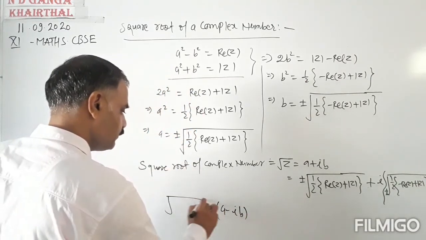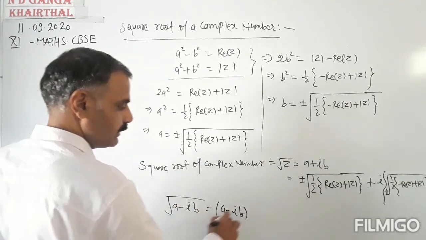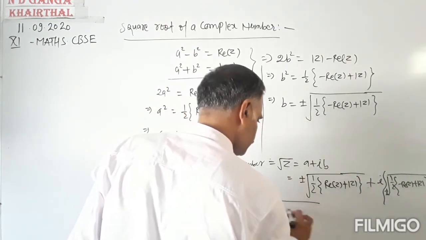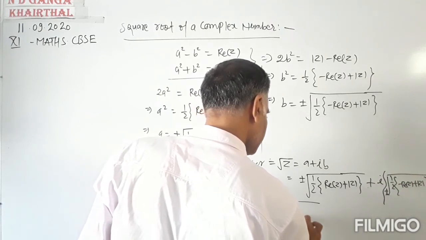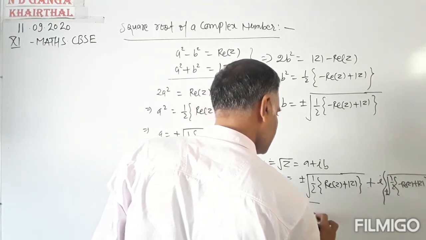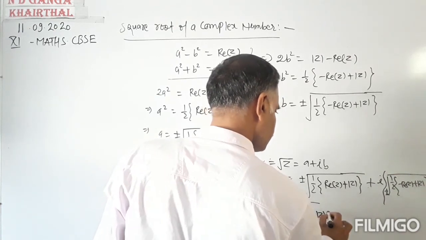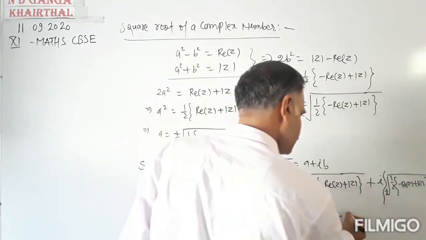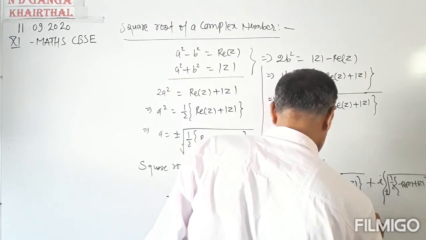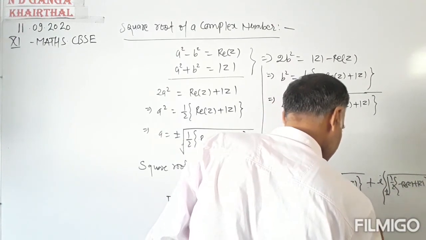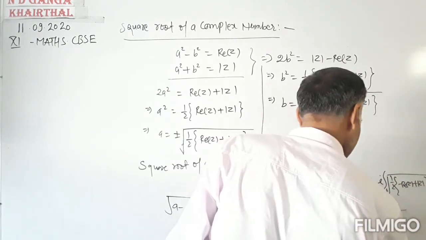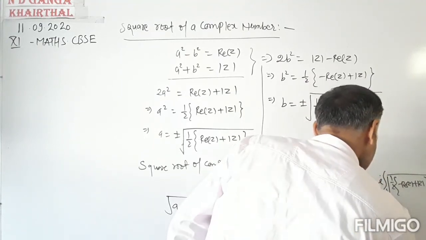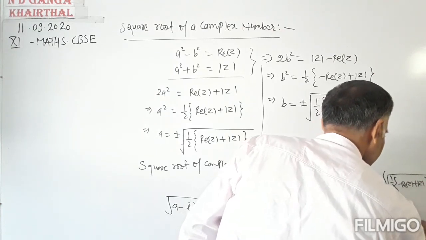If we are finding the square root of a minus iota b, then this equals plus minus square root of half of real part of z plus magnitude of z, minus iota times plus minus under root half of minus real part of z plus magnitude of z.